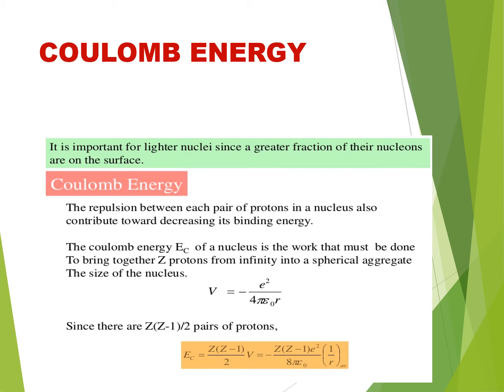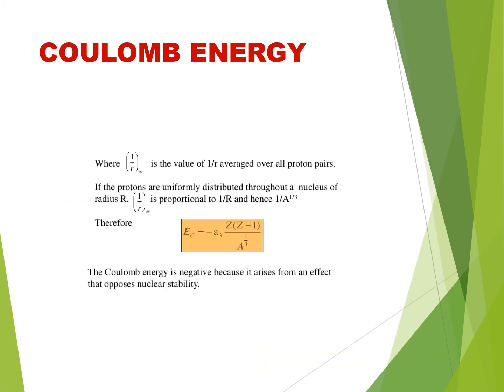The size of the nucleus V is equal to minus e² by 4π ε0 R. Since there are Z(Z minus 1)/2 pairs of protons, the Coulomb energy E_Z is equal to Z(Z minus 1)V/2. Finally, we derive the Coulomb energy as E_Z equal to minus a3 Z(Z minus 1)/A^(1/3). The Coulomb energy is negative because it arises from an effect that opposes nuclear stability.